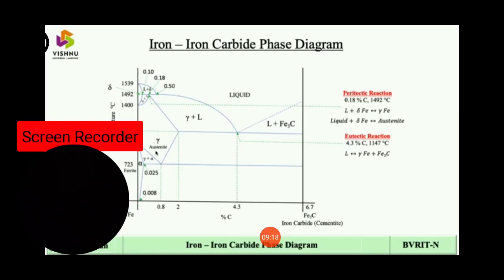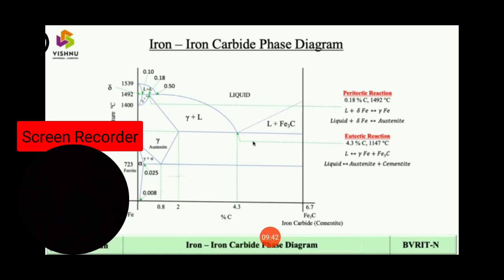You can see very clearly at this end we have gamma iron, which is austenite, and at this end it is Fe3C, which is cementite. So liquid will transform into austenite plus cementite, and this mixture is called ledeburite. That is, austenite plus cementite mixture is called ledeburite.